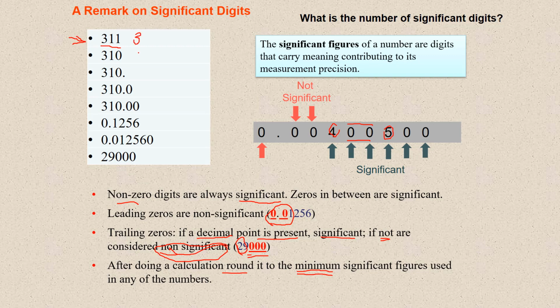And 310 has one trailing 0, which is considered non-significant, so 310 has only 2 significant digits. And 310 with a decimal: when there is a decimal, the 0 is considered significant, and as a result 310 with a decimal would be considered as 3 significant digits.